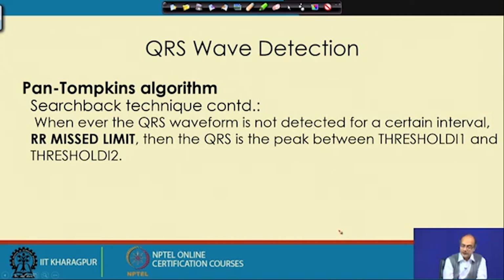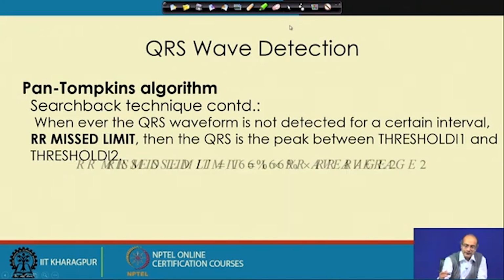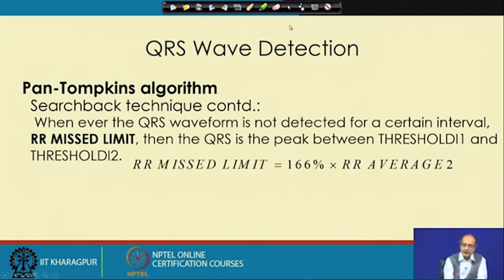And in that situation we can get a peak only if it is above threshold 2, and that essentially means it has to be between these two thresholds, threshold 1 and threshold 2. So, that becomes the new peak we take here, and that RR missed limit is actually set pretty high. It is taken 116% of the RR average 2.